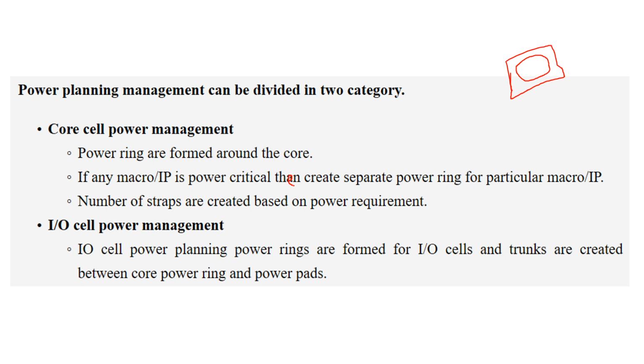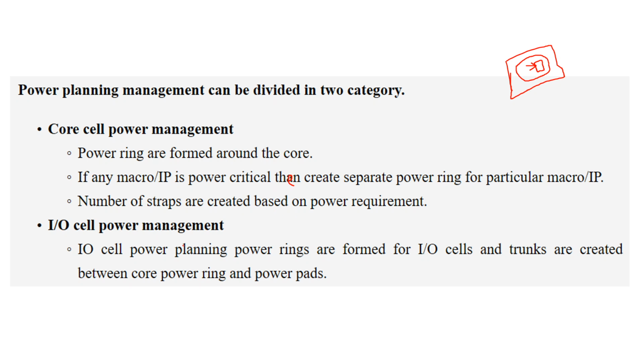Let us say this is your IC core and this is one of your macros within it, a critical, important macro. For this, the power ring should be created separately. This is how you manage your core cell power.